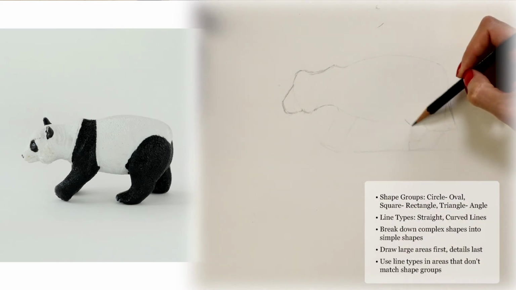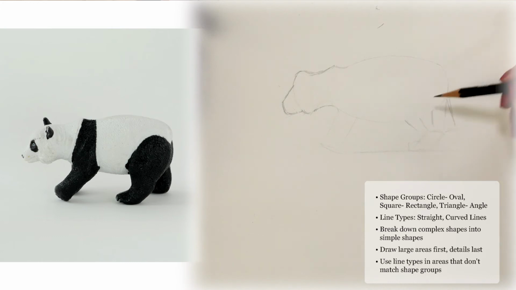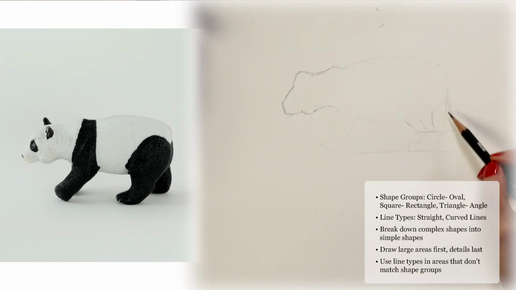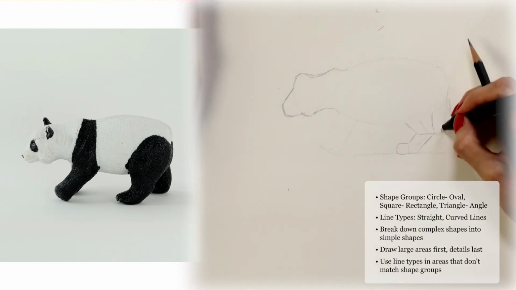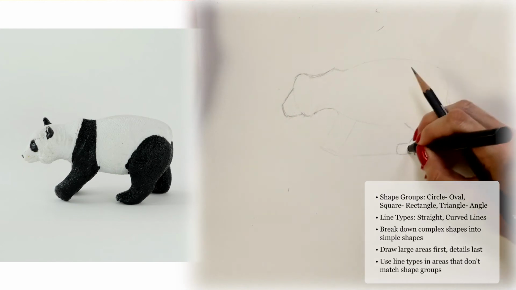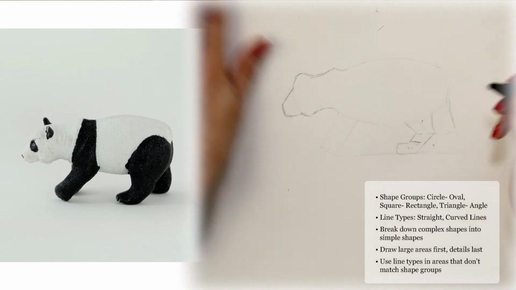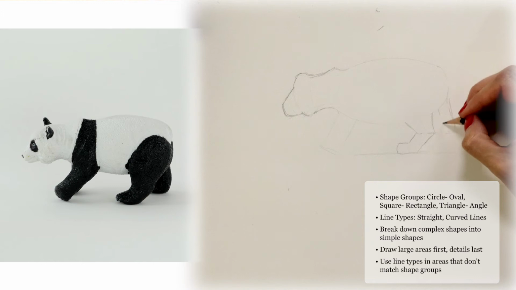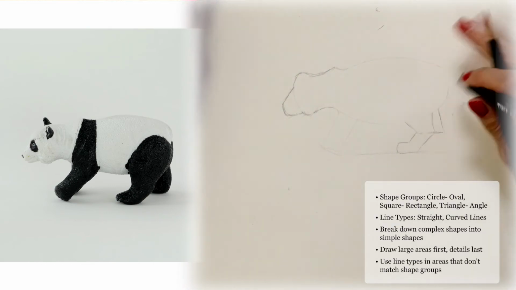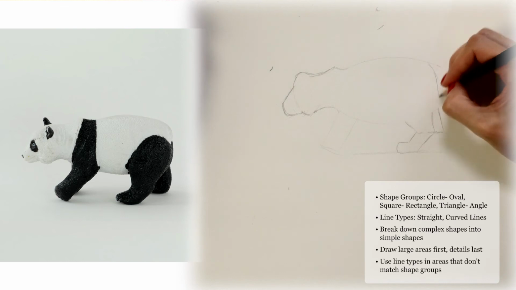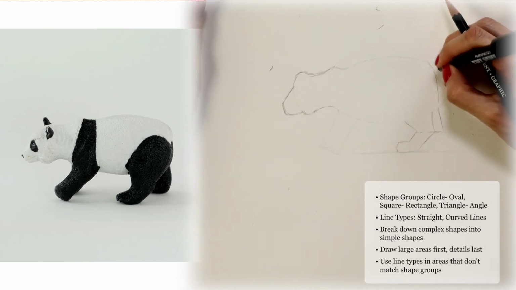So before I go in and add in any details, I'm going to just copy this shape of the back leg and move it forward. And then I can take out the first back leg, add in that leg, and shorten the tush up a little bit because I think my proportions were a little bit off.